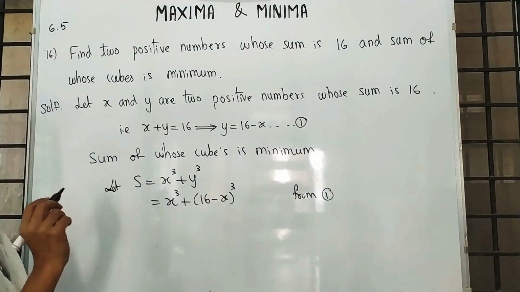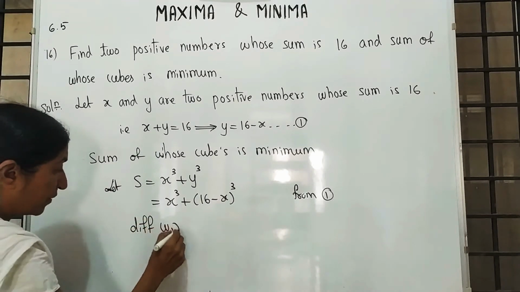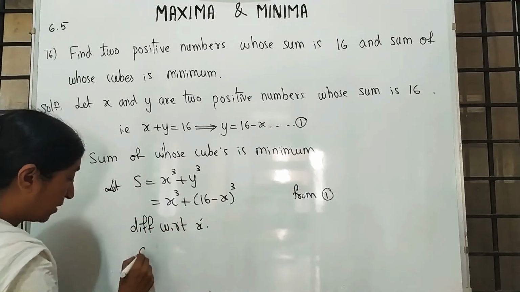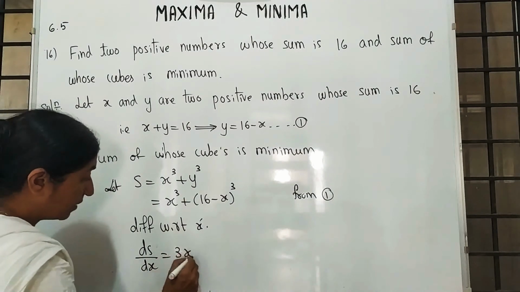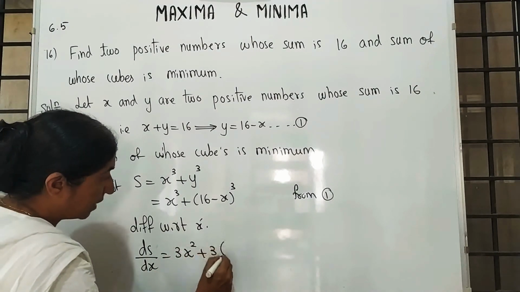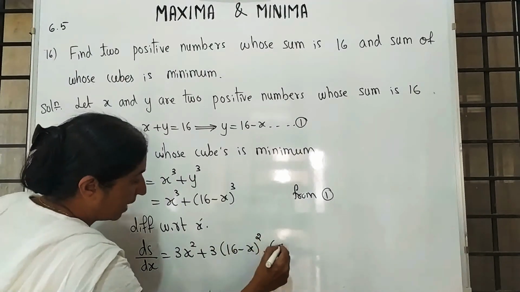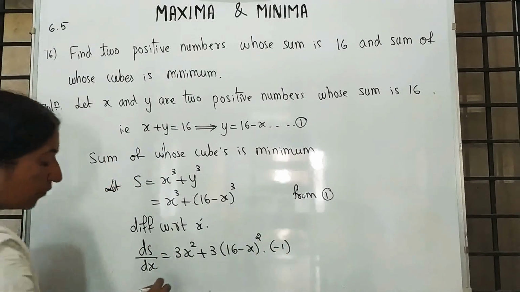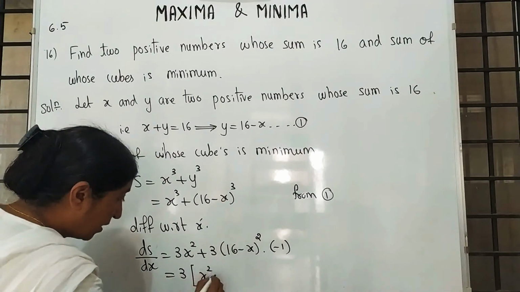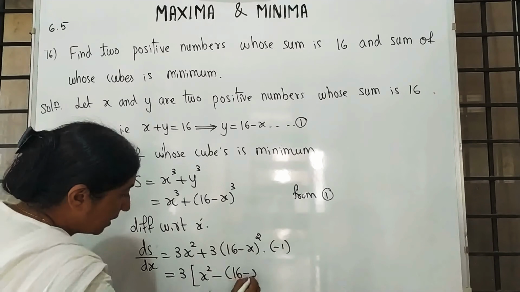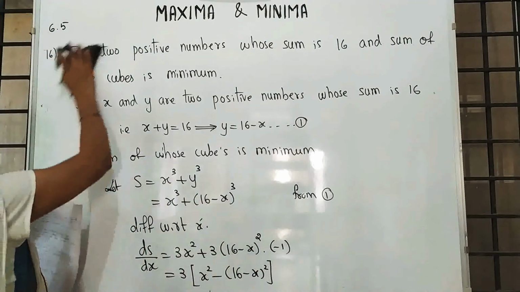Now differentiate this with respect to x. Differentiating with respect to x, ds upon dx is equal to 3x square plus 3 into 16 minus x whole square into minus 1. For our convenience I took 3 common, so x square minus 16 minus x whole square. Here also I am not equating this directly.